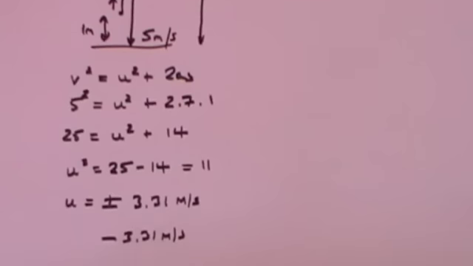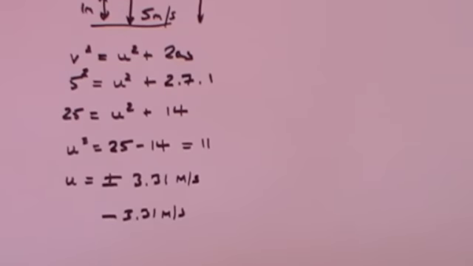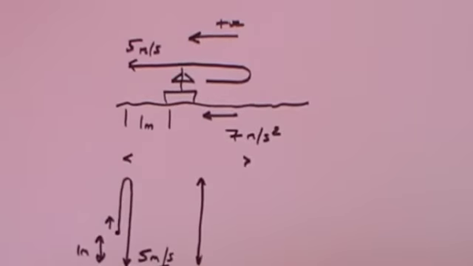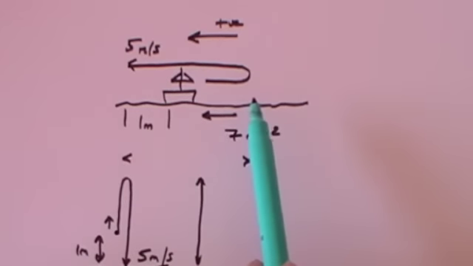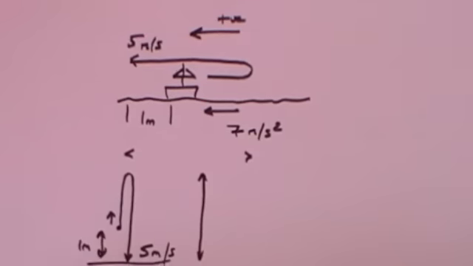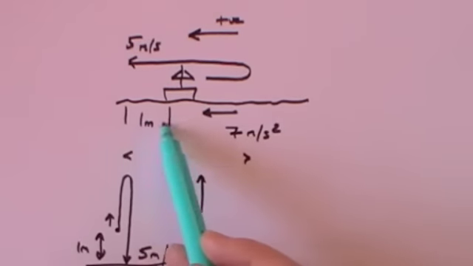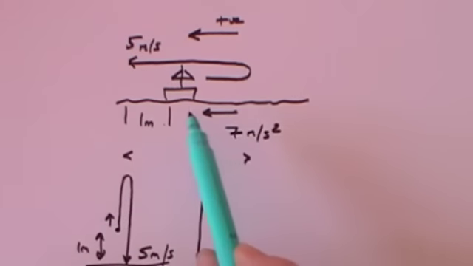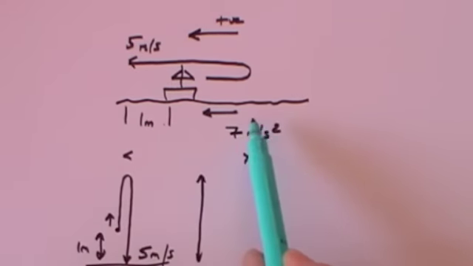So that's the initial velocity. That was the first thing we were asked. The second thing we were asked is what is the total distance travelled upstream and then back downstream. Well, I know that distance is 1 metre, that's given to me, so I need to find this distance, the distance between the initial position of the boat and where the boat comes to rest upstream.